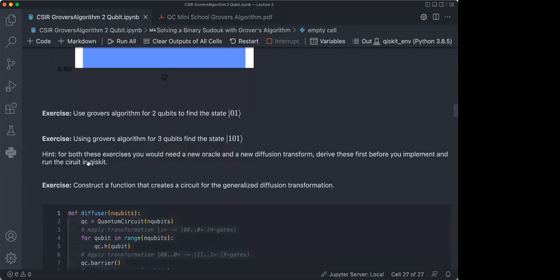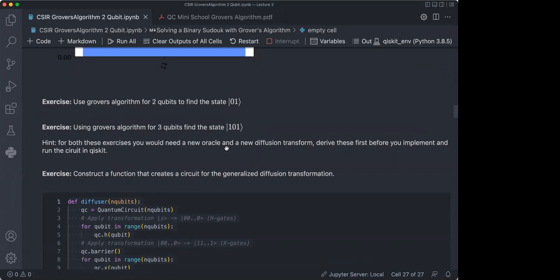Another exercise is to do it for 3 qubits. You repeat the same process, but you have to find a new oracle that marks this state for 3 qubits. Now you're going to get an 8x8 matrix, and you need to find a quantum circuit that implements that oracle as well.